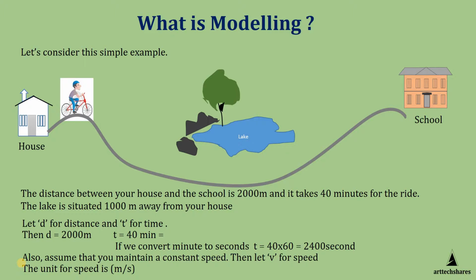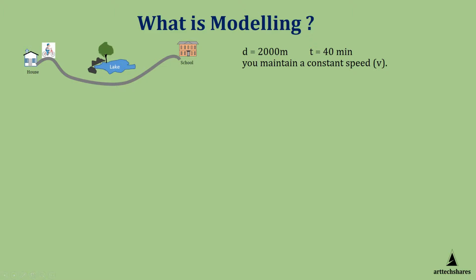As you can see, we can let letter D as distance, T as time, and V as speed. The unit for speed is meter per second, but in this case I use meter per minute. So the speed formula is given by speed is equal to distance divided by time.